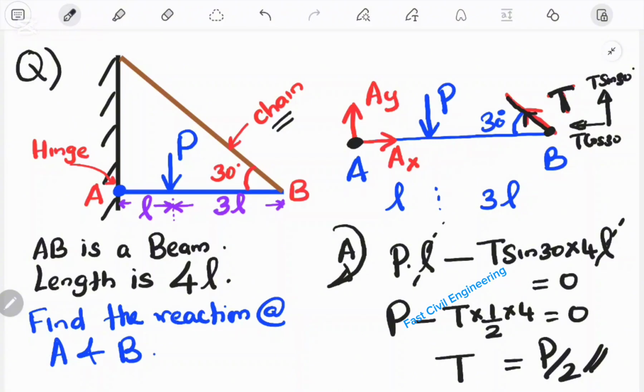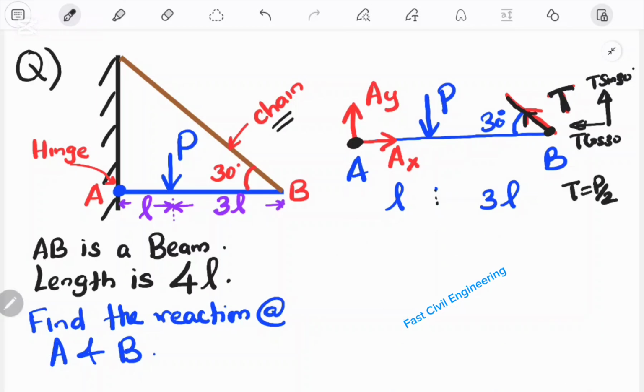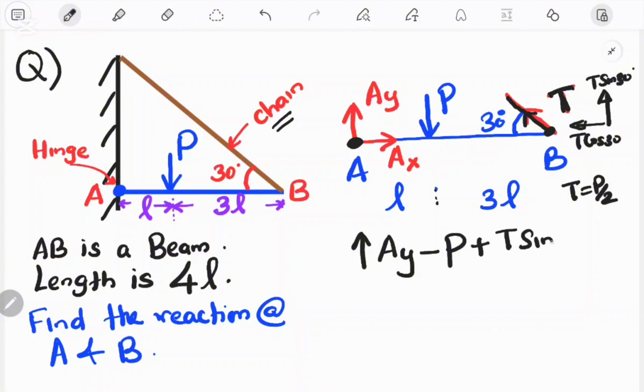The question is, find the reaction at A and B, that is T, AY, AX. Then for equilibrium, the summation of all vertical forces is equal to 0. AY minus P plus T sin 30 equal to 0.